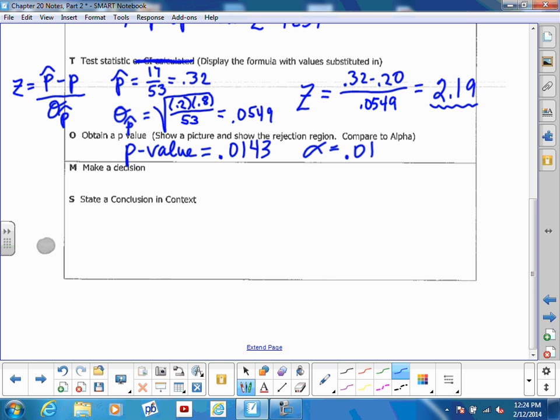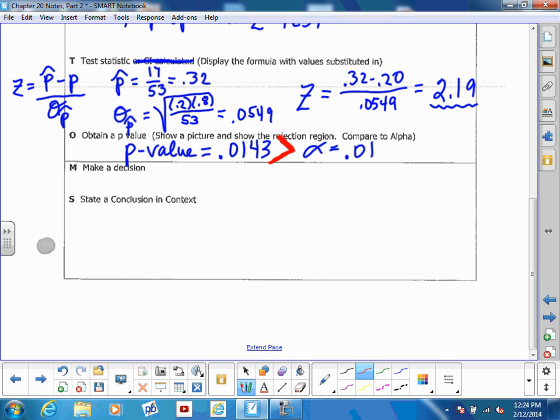So now, put a sign in between these two things, less than or greater than. Yes, the p-value is greater than alpha. And the rule is, if the p-value is low, the null has to go. Since this p-value is not lower than alpha, does the null hypothesis go?